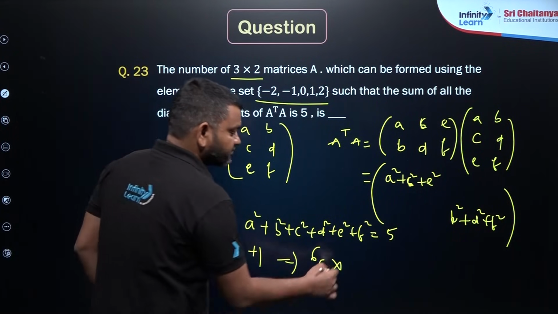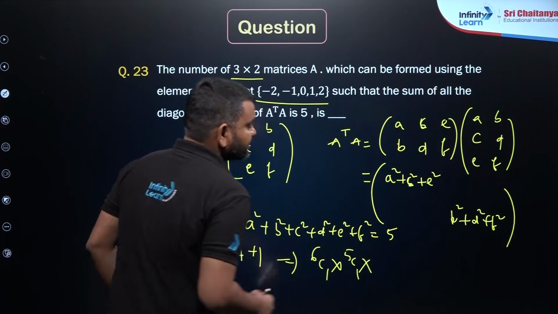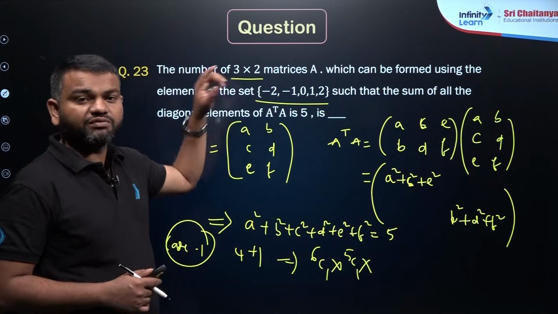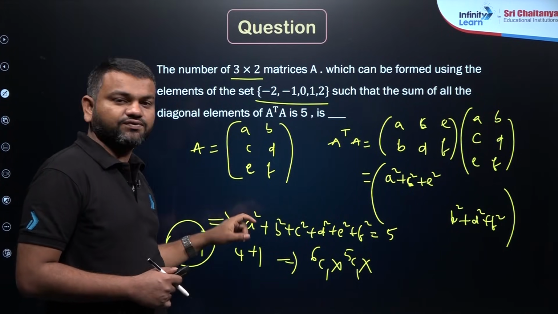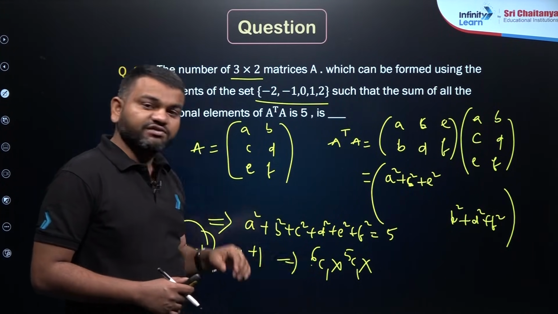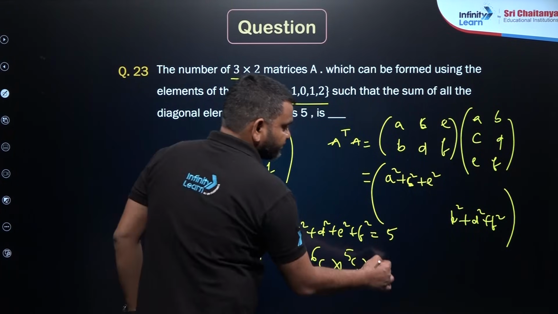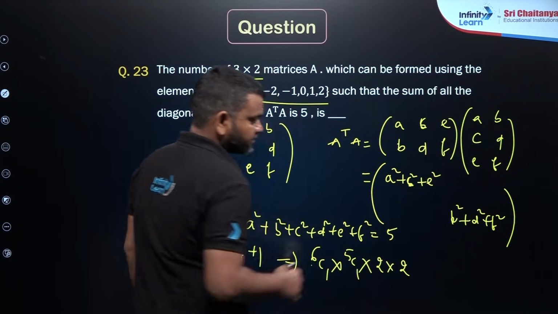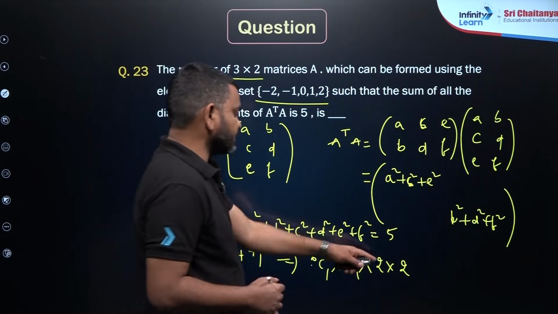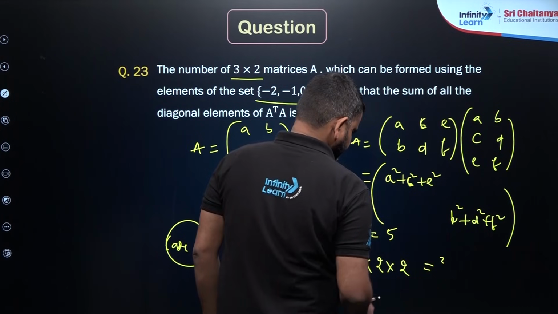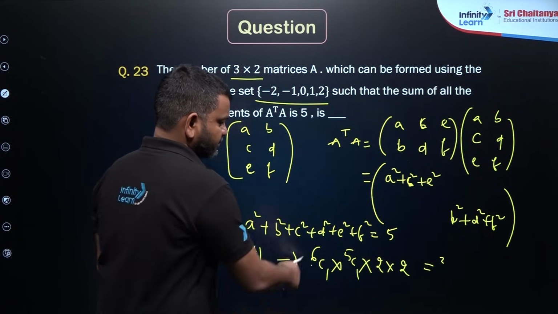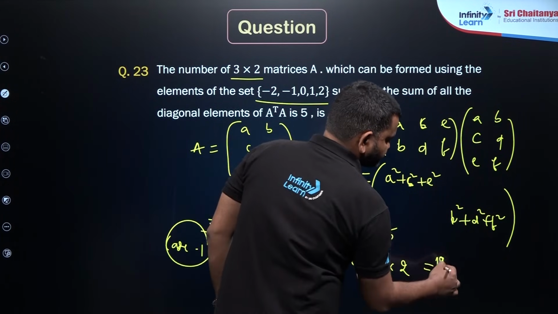So that is in 5C1 ways. But children, whether I am taking 2 or minus 2, it is the same result, 2 square only, 4, or minus 2 square is 4. So for 6C1 I have two situations, and for 5C1 also I have two situations. So 6 into 5 into 2 into 2, sorry, 12 into 10, which is 120.